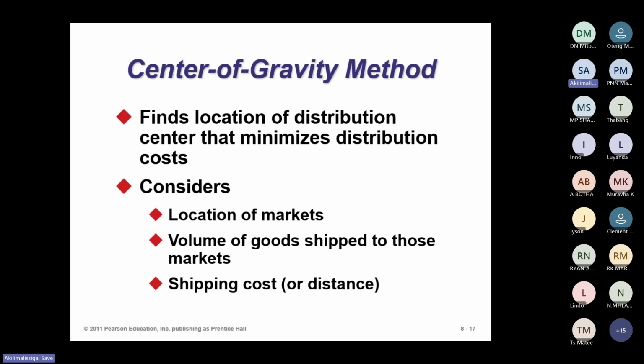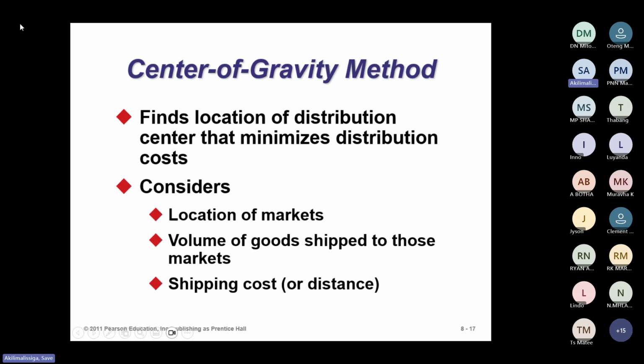So you also need to consider the loads transported from the distribution center to the market or to the retail outlets. Shipping cost is always important. That is why we are talking about the center of gravity, because you want to reduce cost, which also means reducing distance, which is related to the different cost implications.